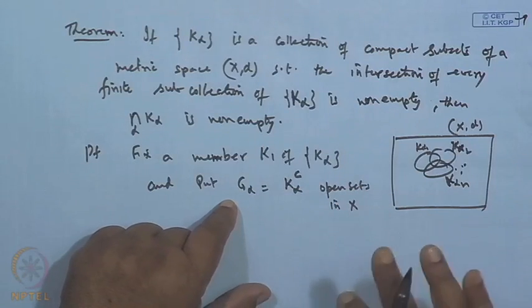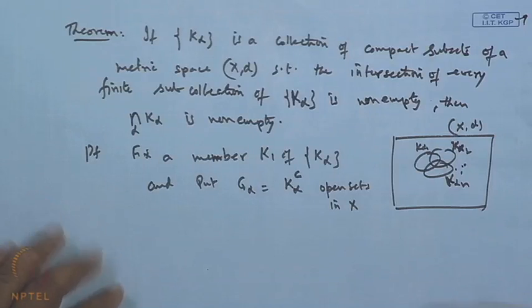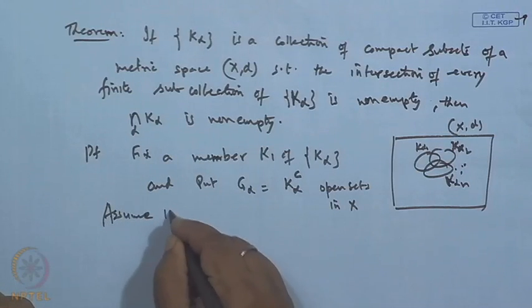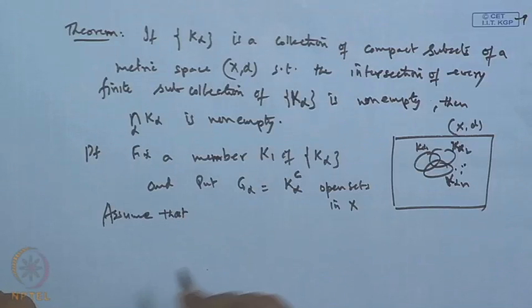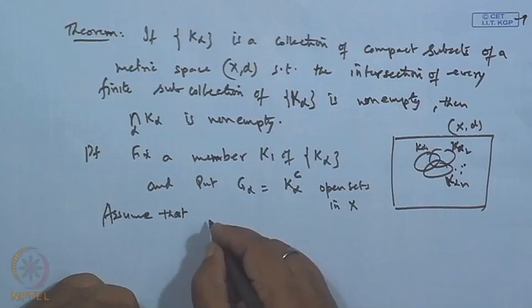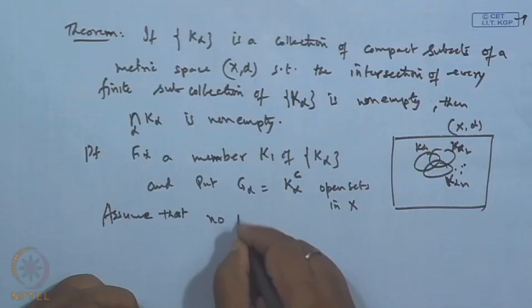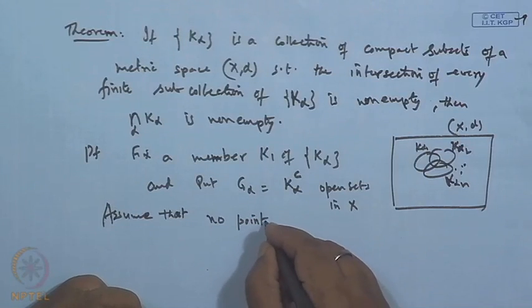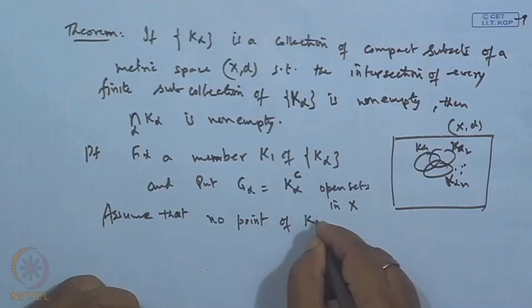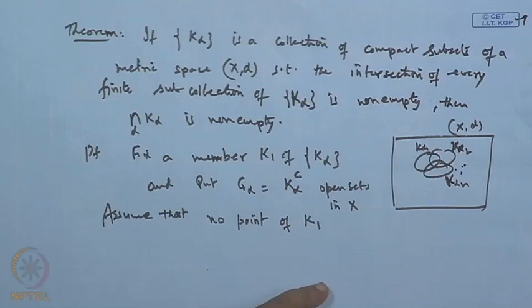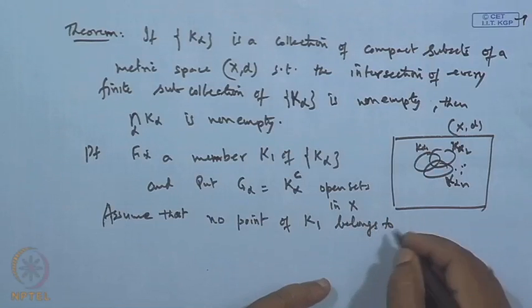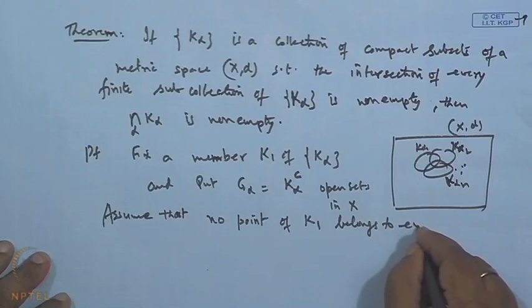Now, what we assume is that no point of K1 belongs to every K alpha.